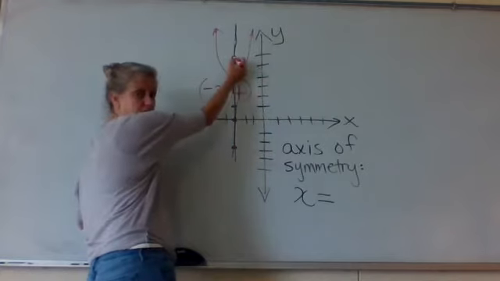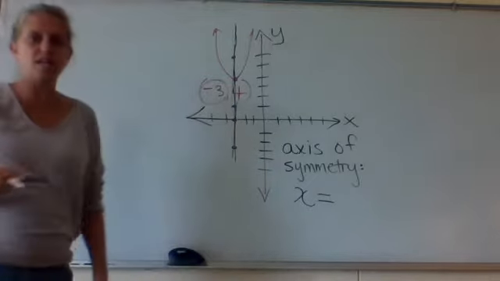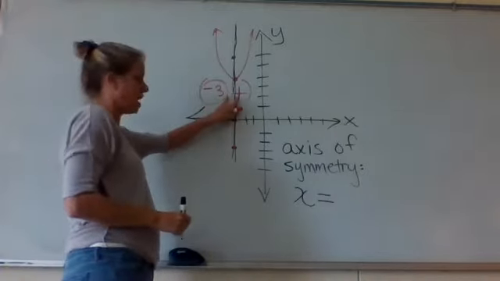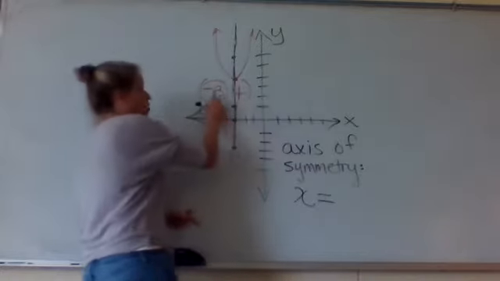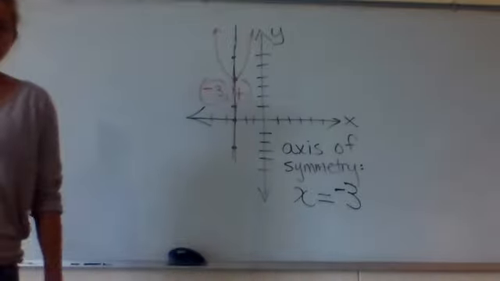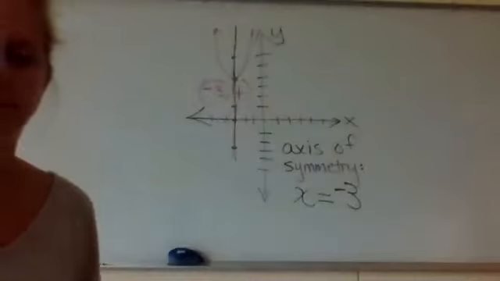If I've come over to the left 3, that means my x coordinate is -3. So again, if you know the vertex, the axis of symmetry is x equals whatever the x coordinate of the vertex is. So that's the axis of symmetry. Again, it's going to ask you the axis of symmetry, and it's even going to remind you to type an equation. x equals whatever the x coordinate of that vertex was.